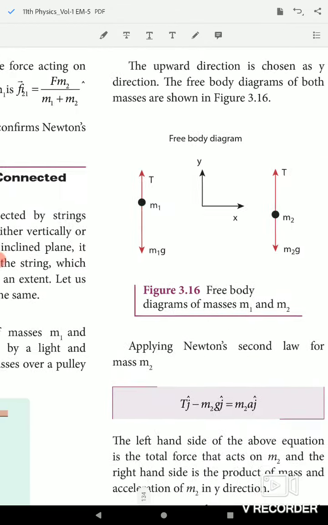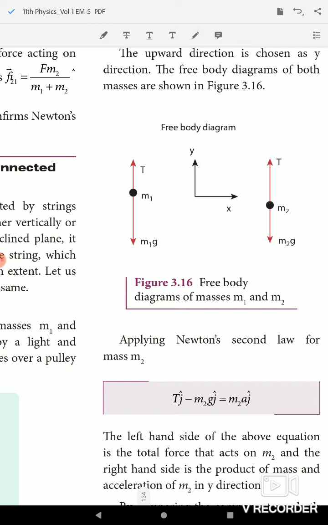Now draw the free body diagram for mass M1. The tension acts in the upward direction and the gravitational force M1g acts in the downward direction. The x and y directions you already know. In this case, mass M1 and M2 have no motion in the x direction.